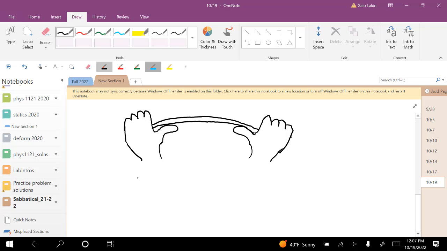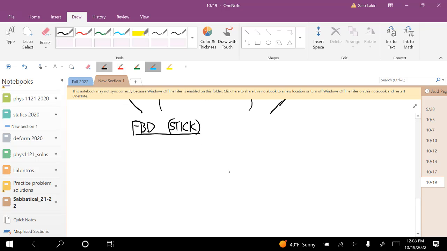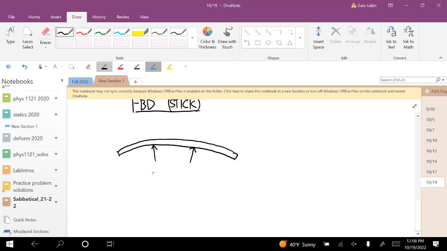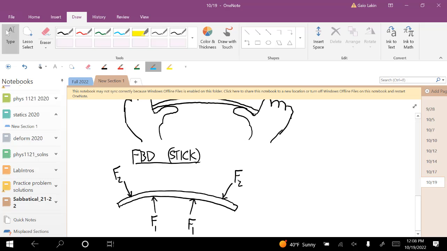If you draw a free body diagram of that stick, it would look something like this. You have the upward force from your thumbs. Call that F1. And then you have the downward force from your fingers. Call that F2. Okay. You with me on that?